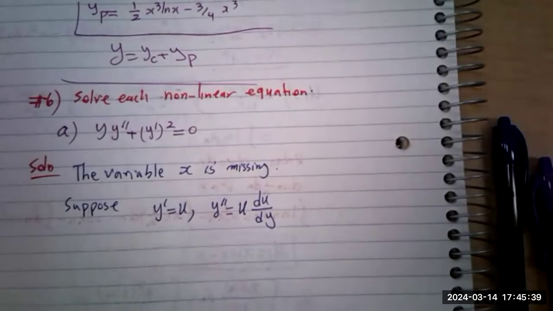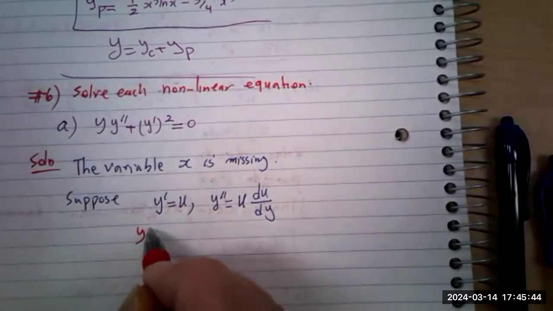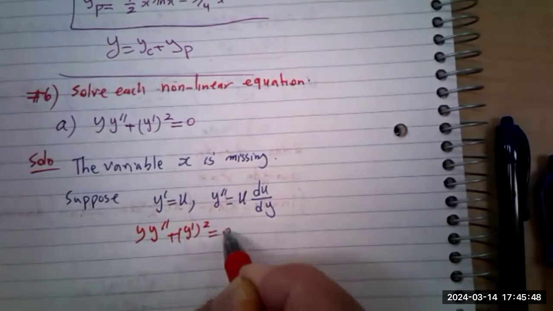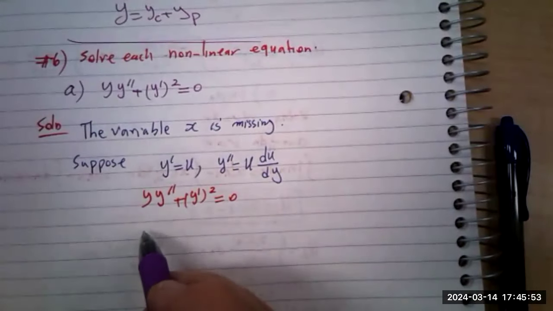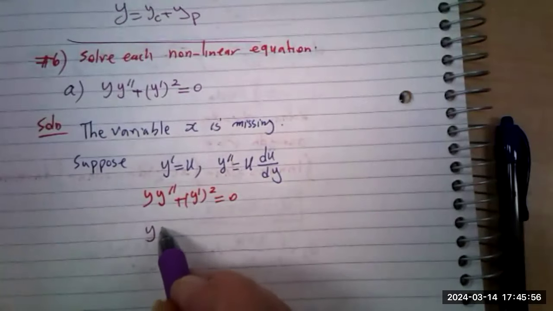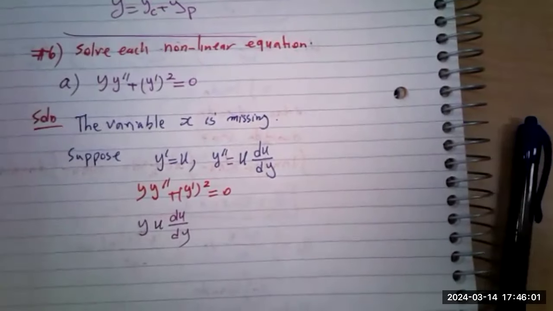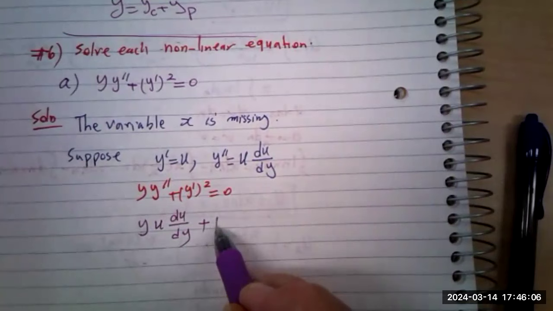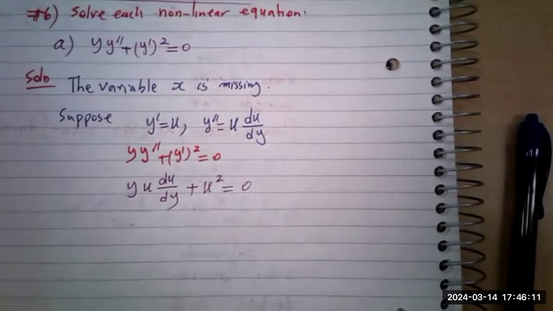Now, if you substitute, it's going to be something straightforward. So this is the equation, y double prime plus y prime squared equal to 0. Now substitute y double prime as u du dy, plus y prime squared, u squared, equal to 0. See? Easy equation to solve. Any suggestion? How can I solve this one?